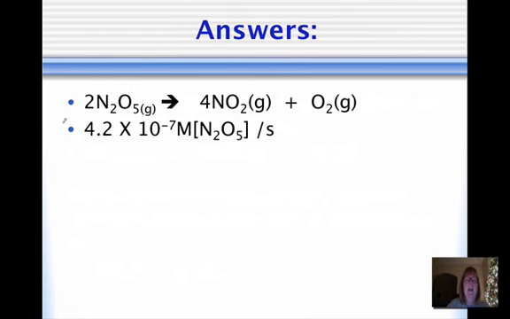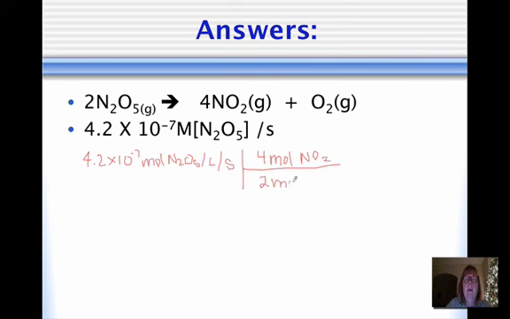We need to look at our balanced equation, and we know that the rate of disappearance is 4.2 times 10 to the negative 7th moles of the dinitrogen pentoxide per liter per second. They would like to know the rate of appearance of nitrogen dioxide. There are 4 moles of NO2 to every 2 moles of N2O5.